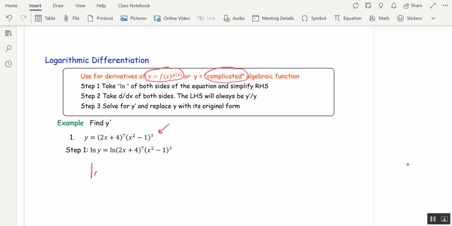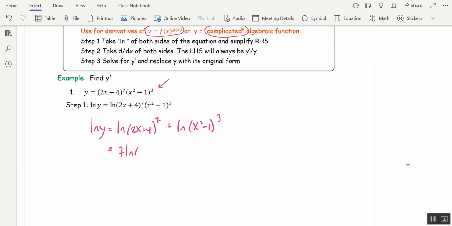So this is ln y. I'm going to use properties of logs. This is ln of (2x plus 4) to the 7th plus ln of (x squared minus 1) cubed. And that's 7 ln of (2x plus 4) plus 3 ln of (x squared minus 1). So that's the end of step 1.